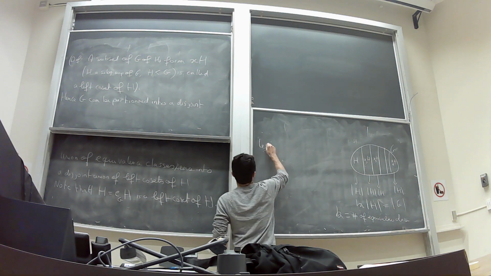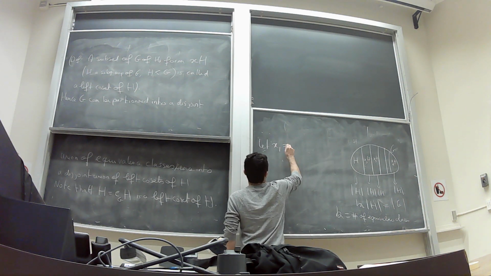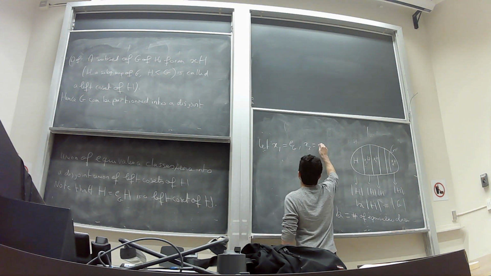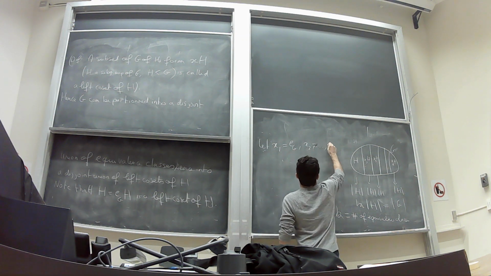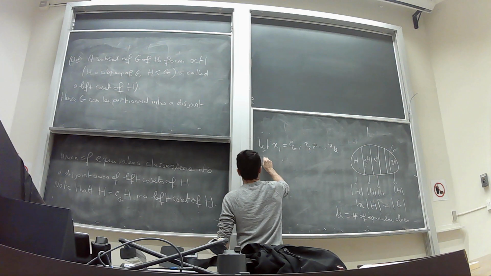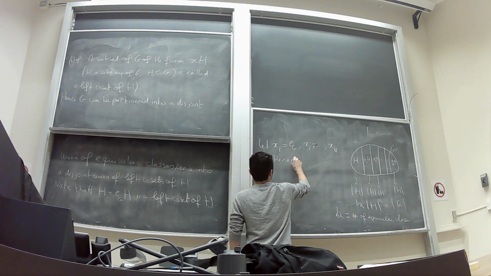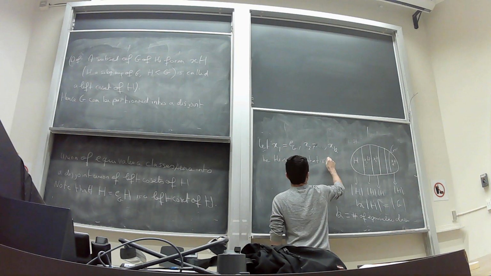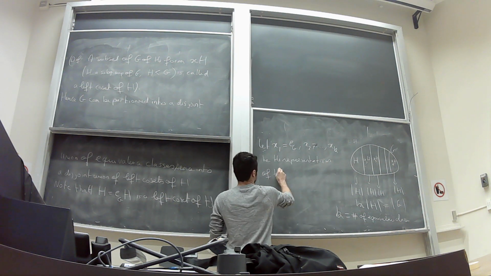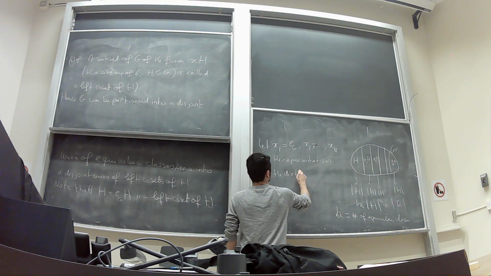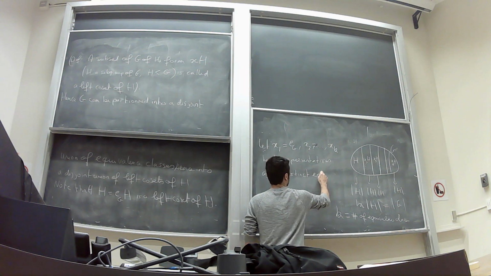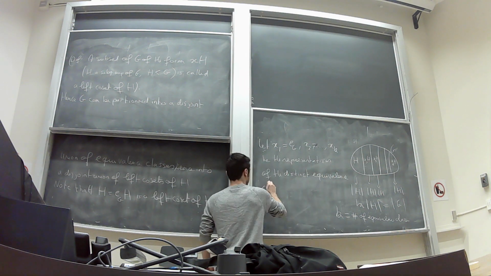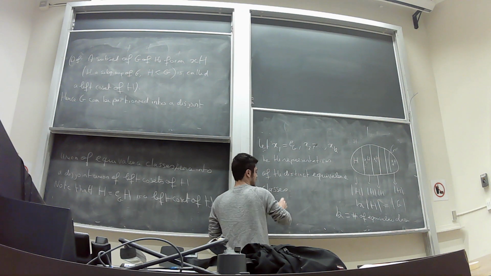So let x1 equal the identity of G, x2, up to xk be the representatives of the distinct equivalence classes.